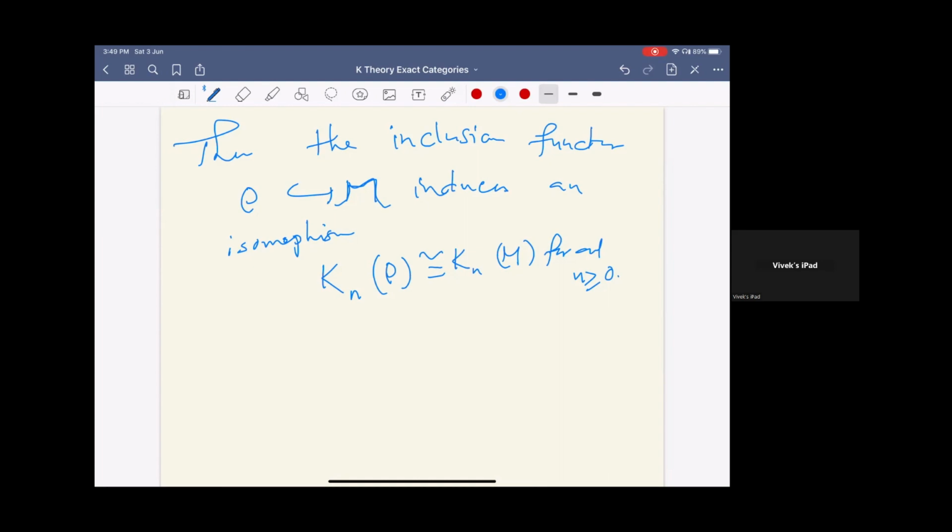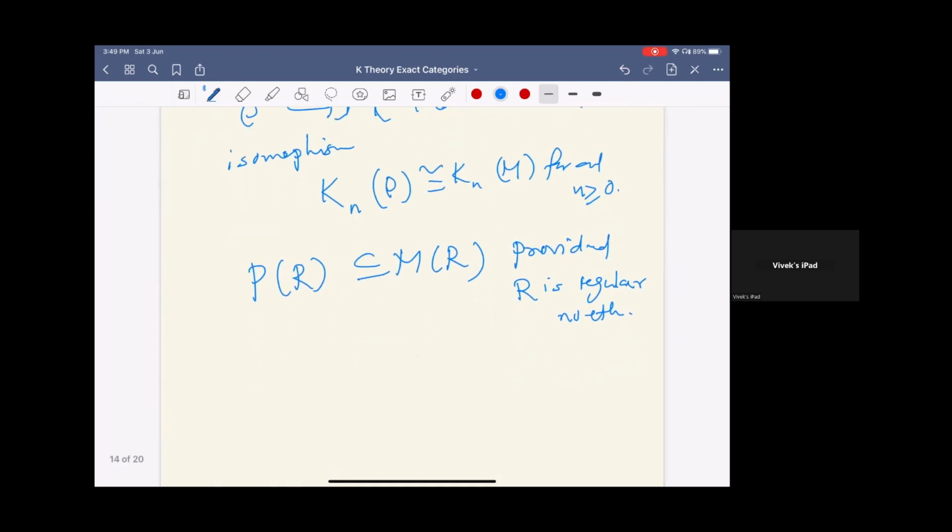So if you consider in our setting PR sitting inside MR, provided R is regular Noetherian, then the theorem says that K0 of PR is isomorphic to K0 of MR, which is nothing but G0 of R, as I discussed.